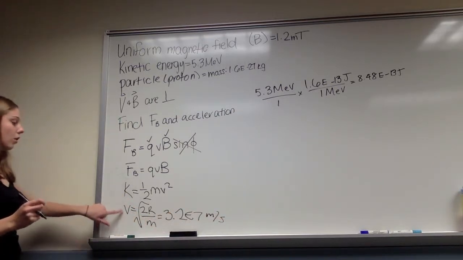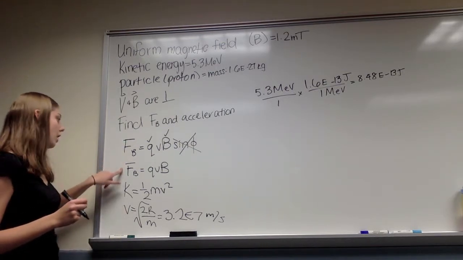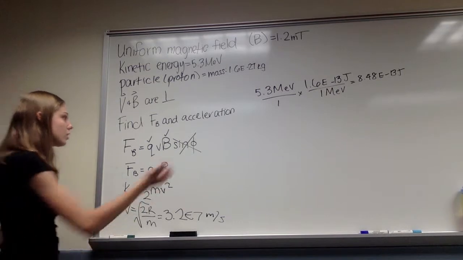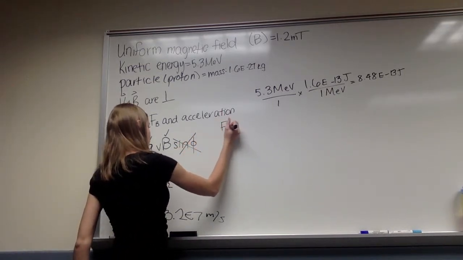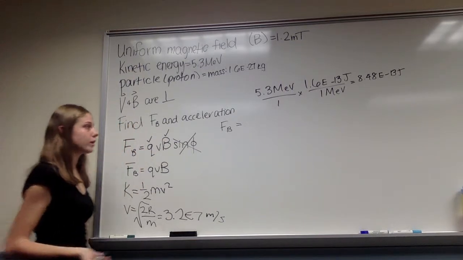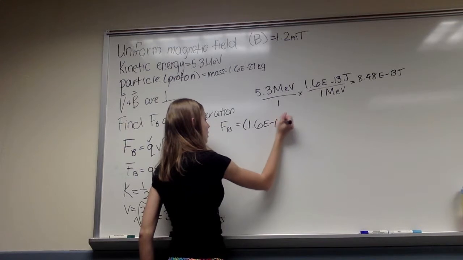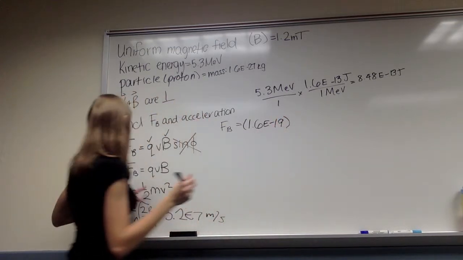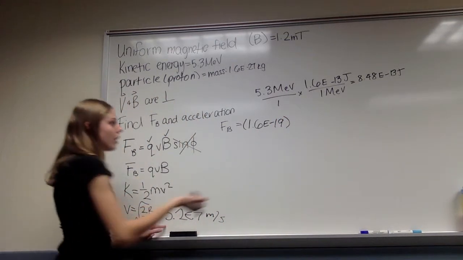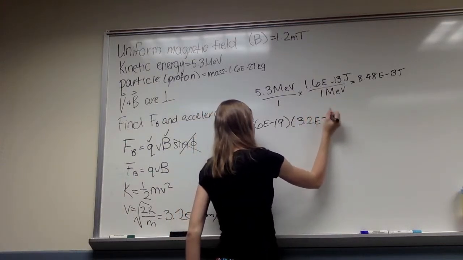So now that we know the velocity, we can plug that back into our force for the magnetic field. So we have F_B equals, and then the charge of the proton would just be 1.6 times 10 to the negative 19th, and then our velocity we solved for here, 3.2 times 10 to the 7th.